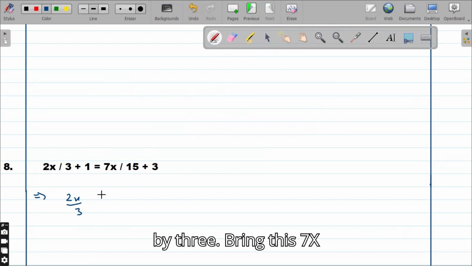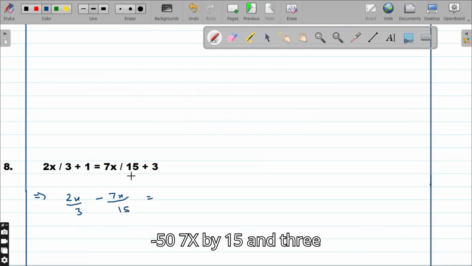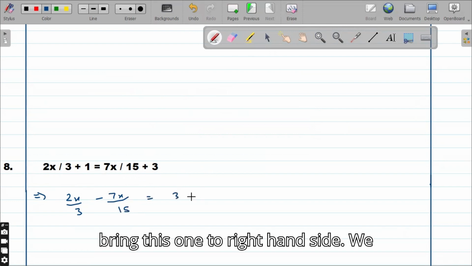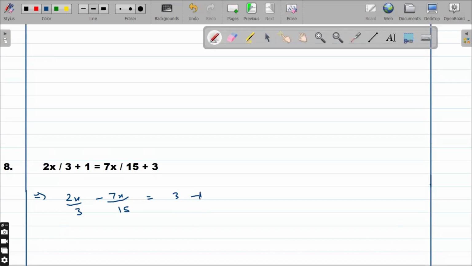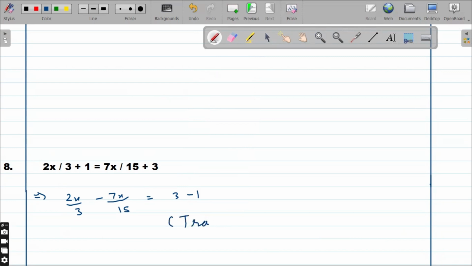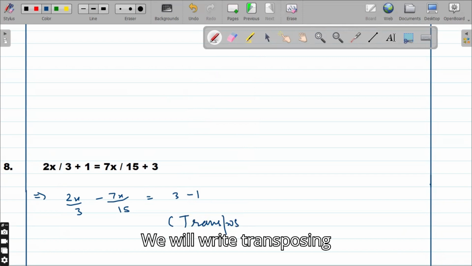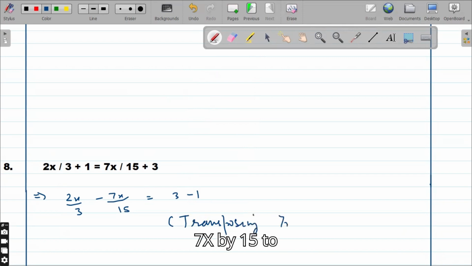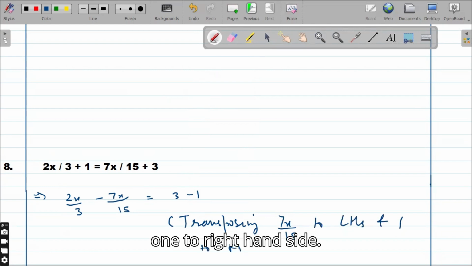Bring this 7x by 15 to left hand side, and bring this 1 to right hand side. We will write transposing 7x by 15 to left hand side and 1 to right hand side.